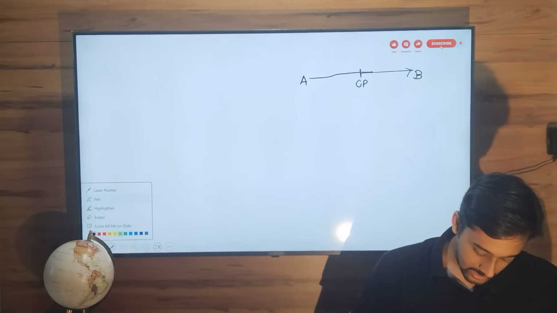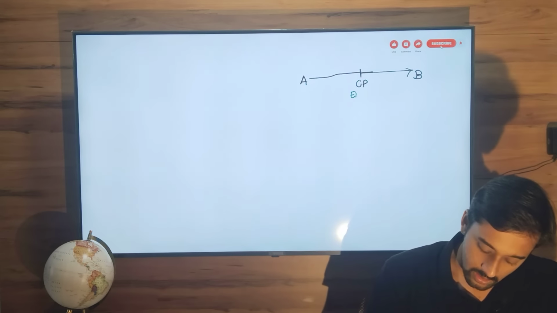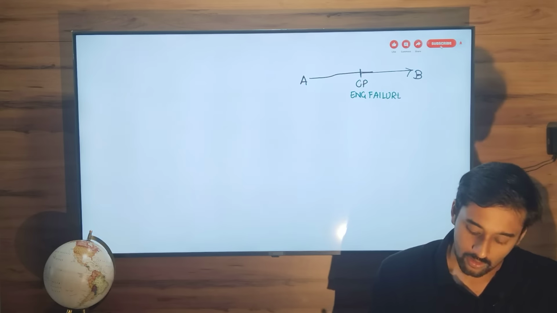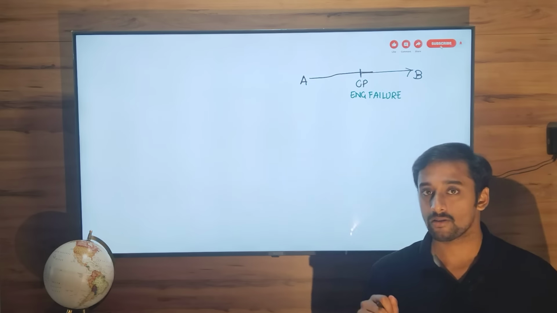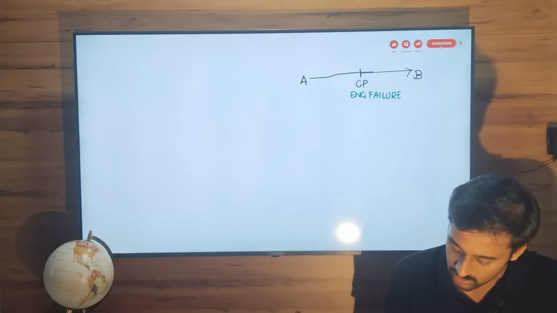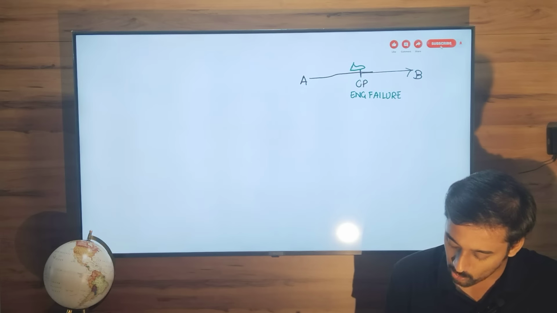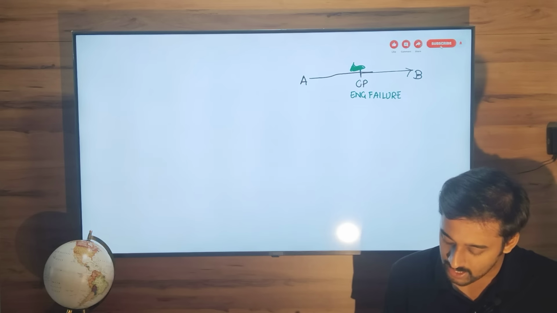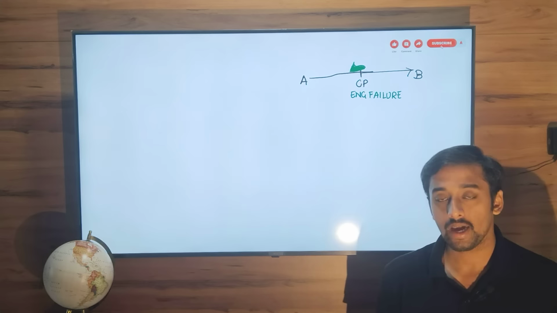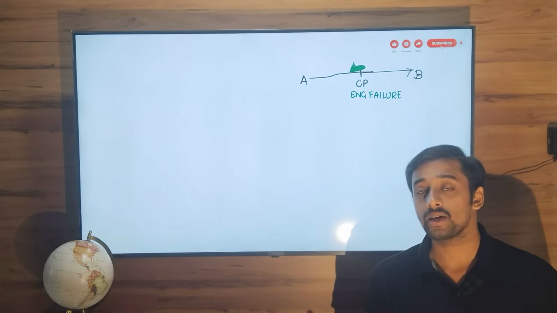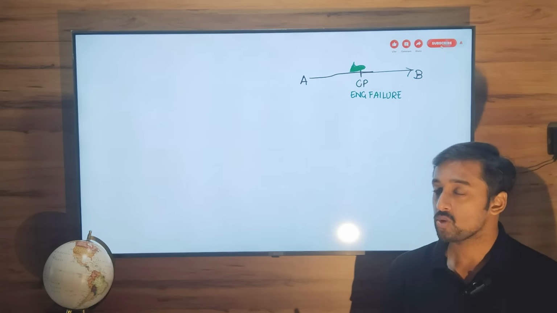So at the critical point there is an engine failure. That means once your aircraft reaches the critical point and there is an engine failure, you will fly with a reduced true airspeed.